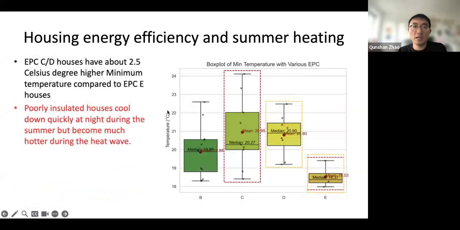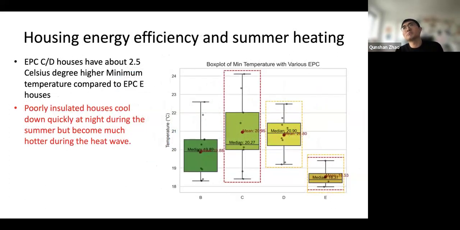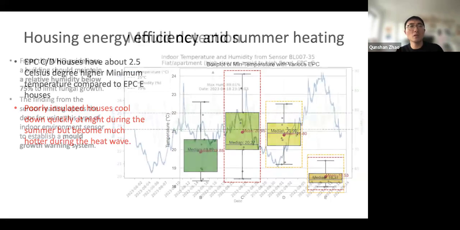The other way around, during the night, poorly insulated houses cool much faster compared to well-insulated houses. It's about a 2.5 degrees Celsius difference in minimum temperature. So all of this tells us that you might trap heat inside if you have a really well-insulated house but you don't have good ventilation or an AC system.